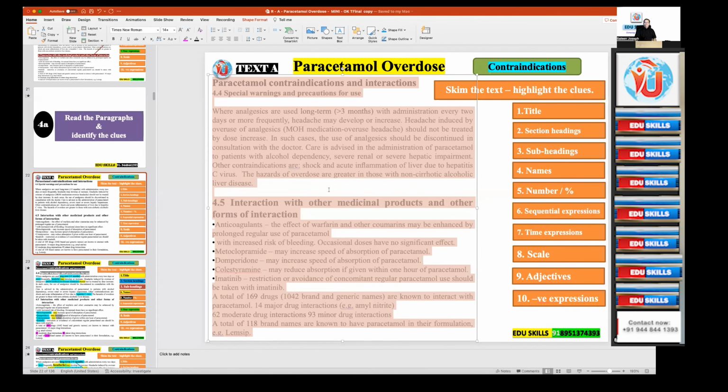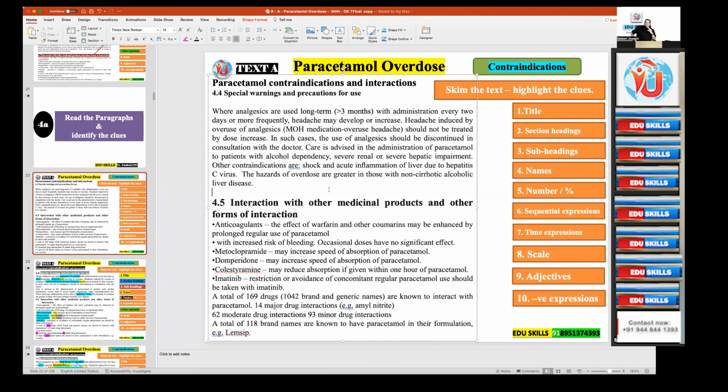Paracetamol contraindications and interactions. 4.4 Special warnings and precautions for use. Where analgesics are used long-term, 3 months, with administration every 2 days or more frequently, headache may develop or increase. Headache induced by overuse of analgesics, or medication overuse headache, should not be treated by a dose increase.